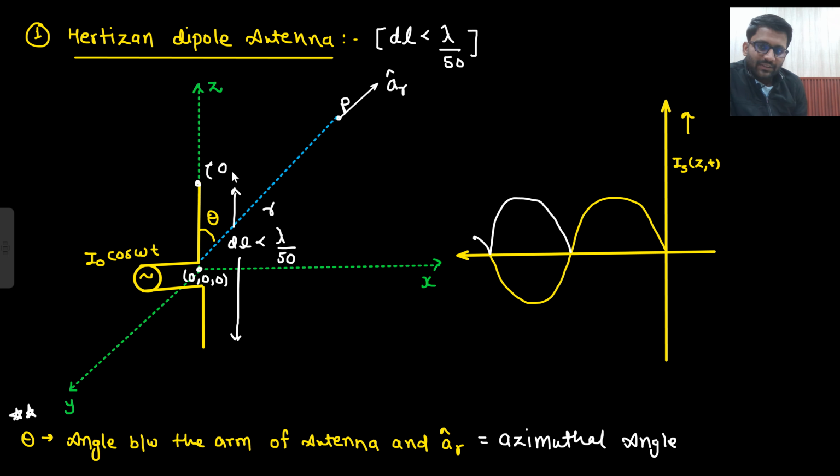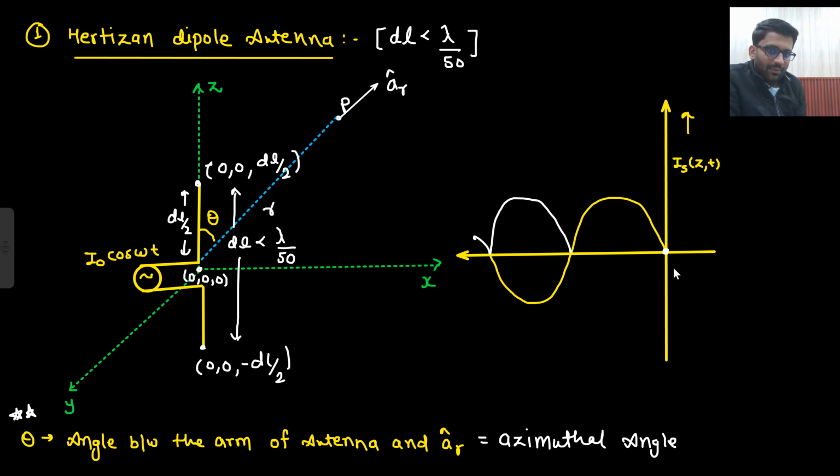Can I call this point 0 0 dl by 2? Say yes or no, because this complete length is dl. If this point is 0 0 0, then this length will be dl by 2. And what about this point? Can I call this point 0 0 minus dl by 2? Right? So what is this point?